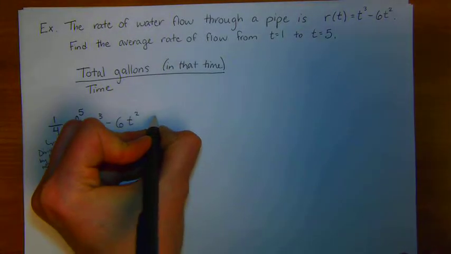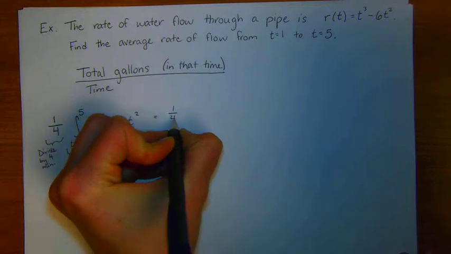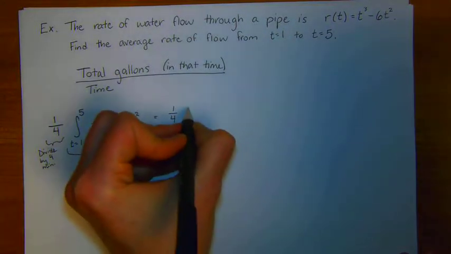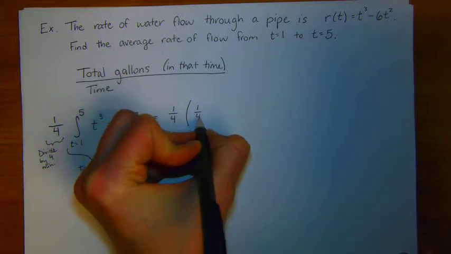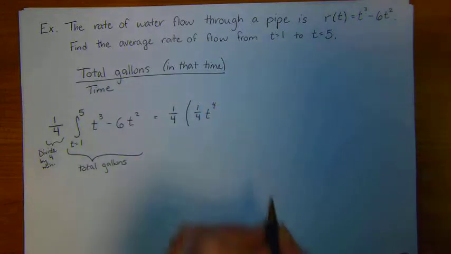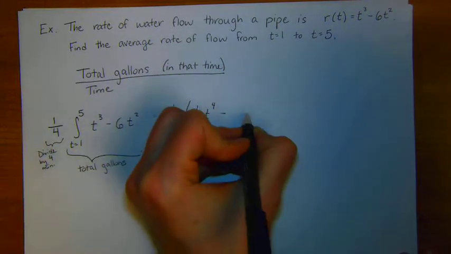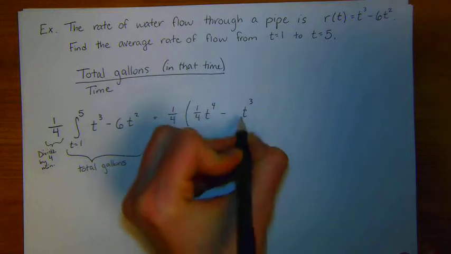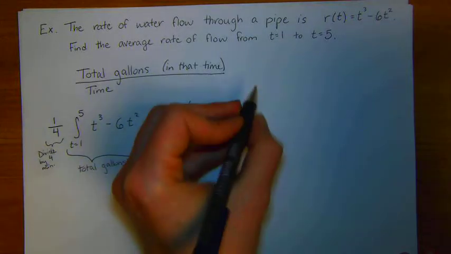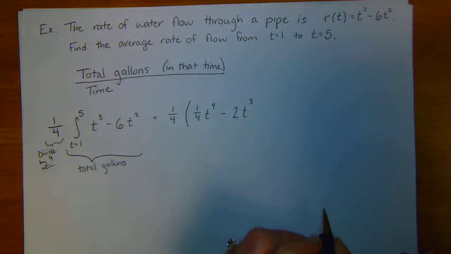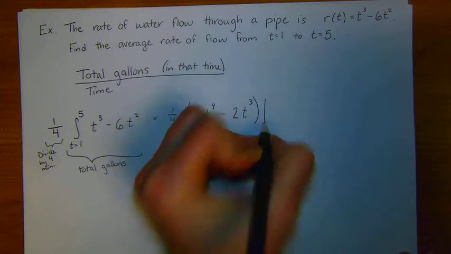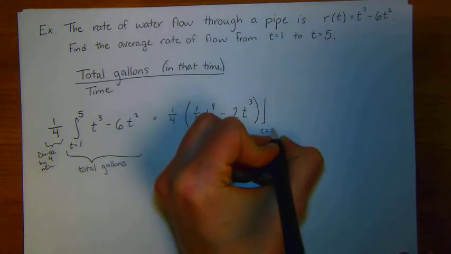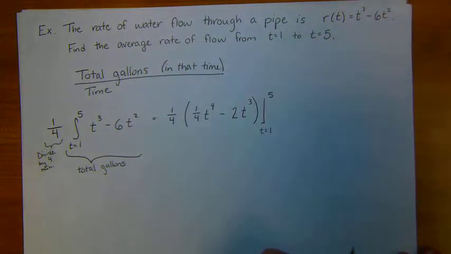So let's compute the integral. The 1/4 stays out front. When I integrate t cubed, that becomes 1/4 t to the 4th minus, I raise the power on t and get t cubed. 6 divided by 3 ends up with 2. And I'm evaluating this from t equals 1 to t equals 5.